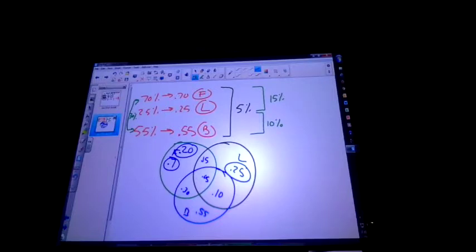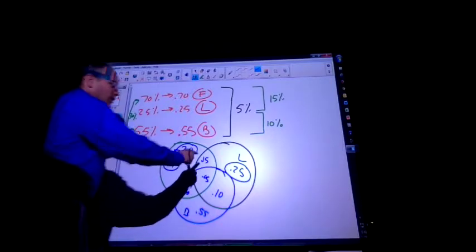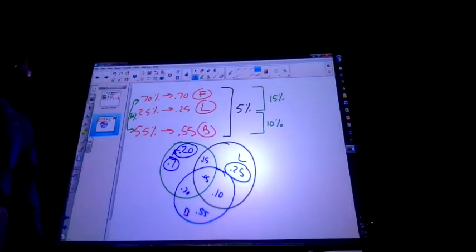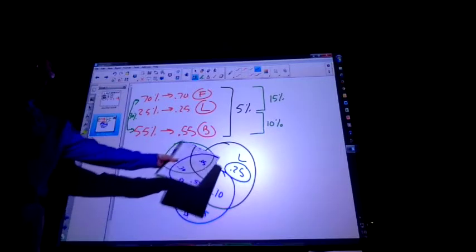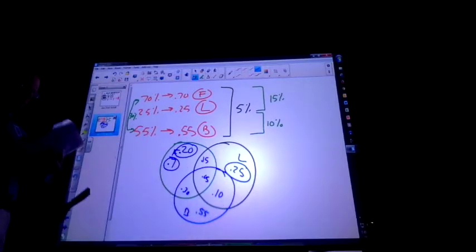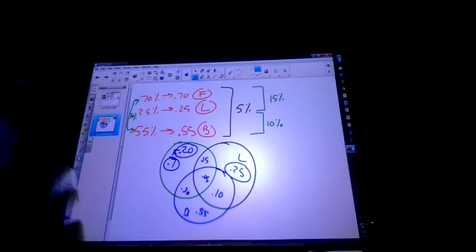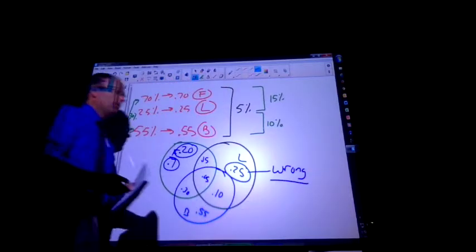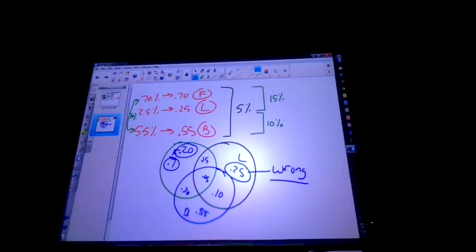Because we have 15% liking both, 5% here, 10% here, that adds up to 30%. So we have a negative 5% up here. What about basketball? This is actually going to give us a wrong answer, because we're going to get a negative 5% of the kids exclusive to lacrosse only.